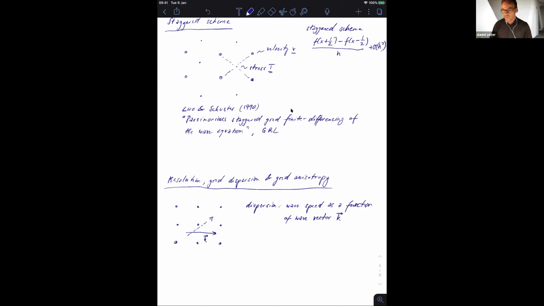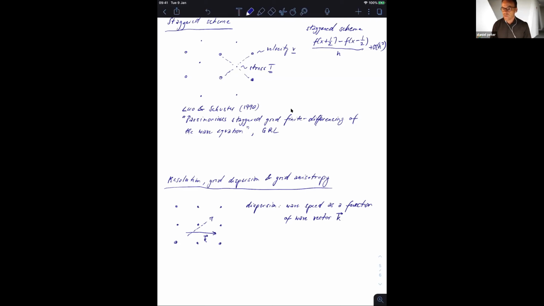And any discretization has that effect. So as soon as we start discretizing the wave equation, use a grid to solve it numerically, we will have grid dispersion. We will have an anisotropy effect. That waves in one direction might travel at a slightly different speed than in another direction.